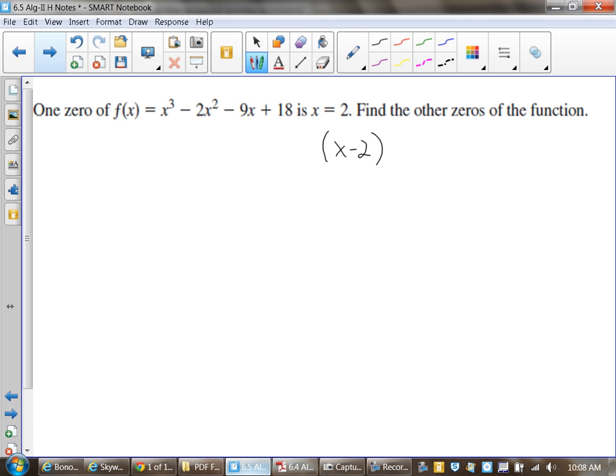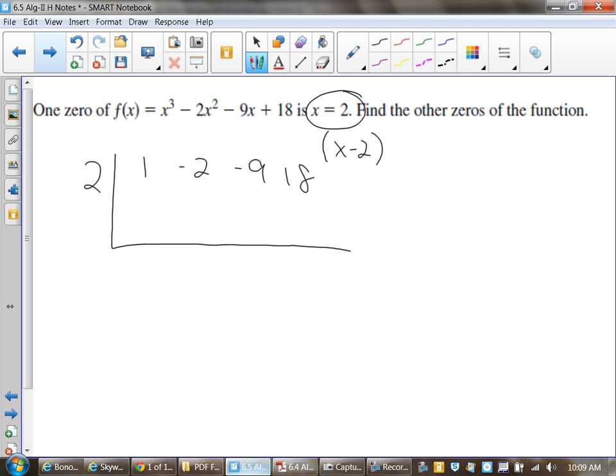So I'm going to use synthetic division with my 0. My 0 is 2. Pluck out my coefficients: 1, negative 2, negative 9, and 18. It's given to me that x equals 2 is the 0, and I have the function x cubed minus 2x squared minus 9x plus 18.